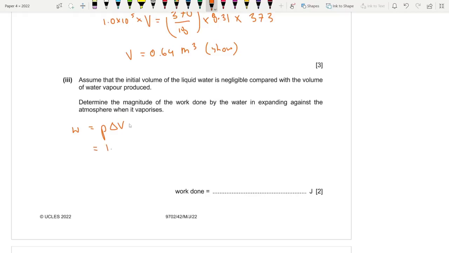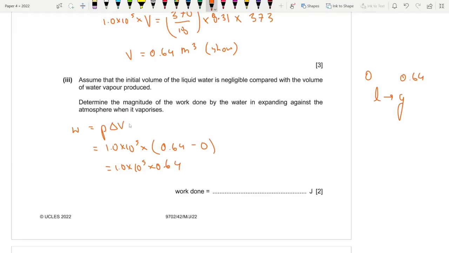So the pressure is constant at 1.0 into 10 power 5. And what about the change in volume? The initial volume, it was from liquid to gas, right? So they told us to consider the initial volume to be negligible, which is 0, and it became 0.64 meter cube, right?